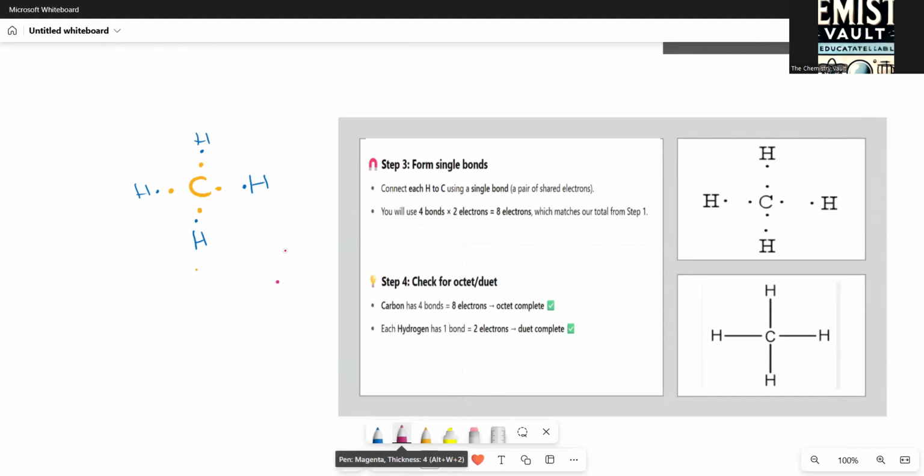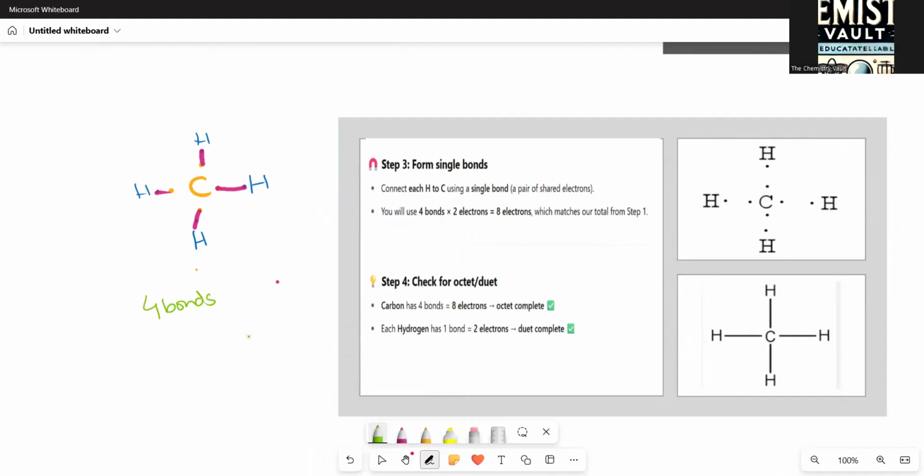First, we will make single bonds: these two valence electrons, one from carbon and one from hydrogen, make a single bond. Now look at the other valence electrons of carbon and hydrogen, they also make a single bond, and here is a third single bond and here is the fourth single bond. So four bonds are formed here.